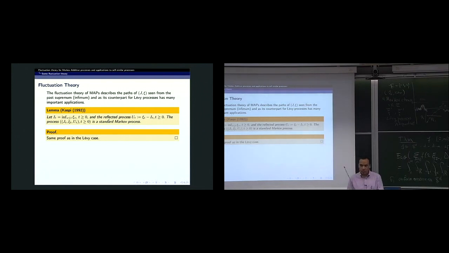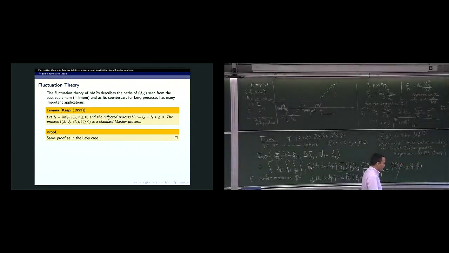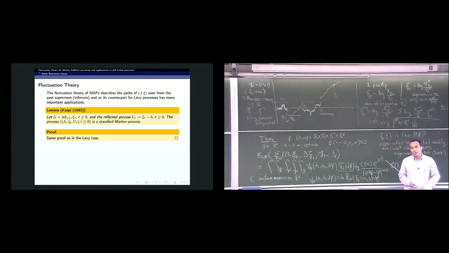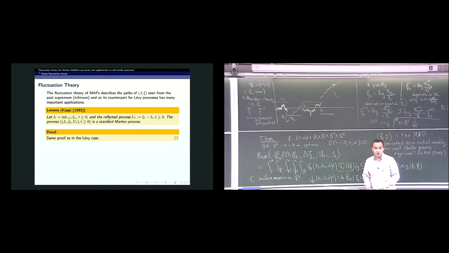Also, with this result, we can characterize the Markov additive process that is behind a stable process, at least for a rotationally invariant stable process. So the other question is whether there is a fluctuation theory for these processes.